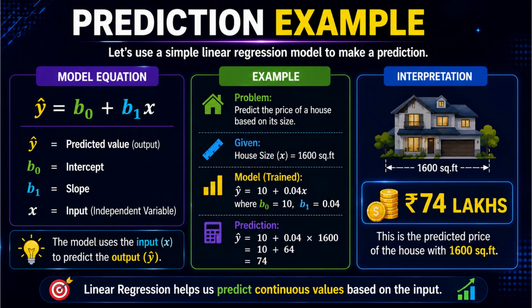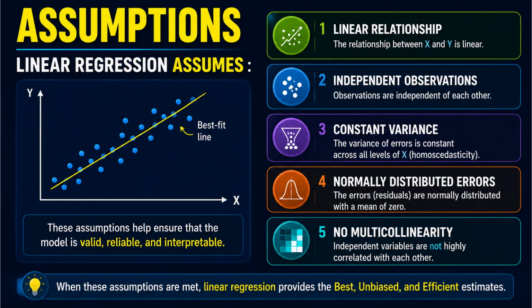Remember, that's the intercept, and b1 is a slope 0.04. So you replace the x by this equation we got from the data set, remember? And now we are putting this 1600, we don't know the value. So we replace it in the equation and we get the price as 74 lakhs. This is how prediction is done. This is the interpretation of the prediction example.